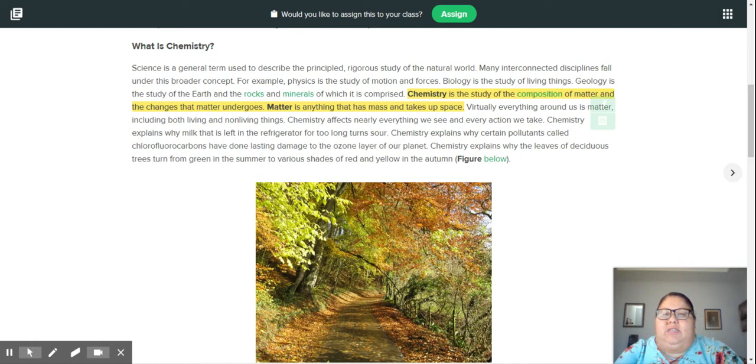What is chemistry? Science is a general term used to describe the principled, rigorous study of the natural world. Many interconnected disciplines fall under this broader concept. For example, physics is the study of motion, biology is the study of living things, geology is the study of the earth and the rocks and minerals of which it's comprised. Chemistry is the study of the composition of matter and the changes that matter undergoes.